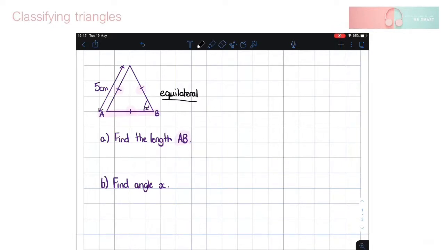So the length AB will be 5 centimetres, as it will be the same length as all the other sides in the triangle. For part B, find angle X. Well, because it's an equilateral triangle, the angles inside an equilateral triangle are always 60 degrees. So angle X equals 60 degrees.